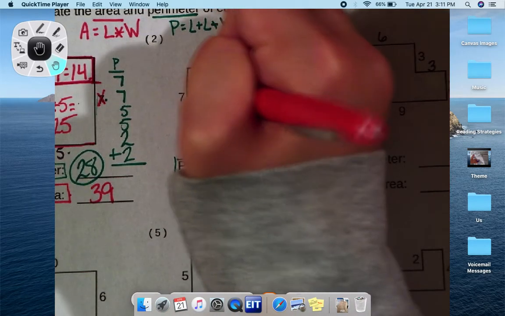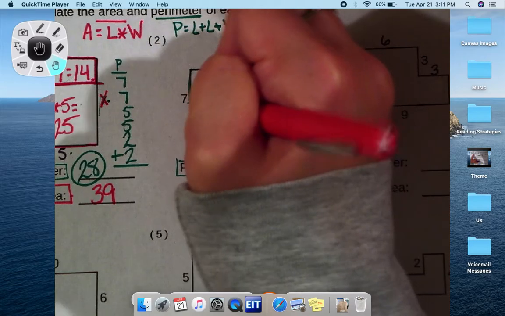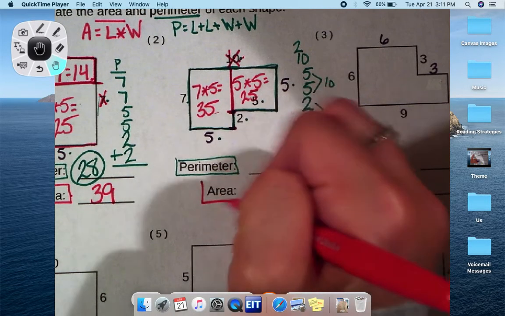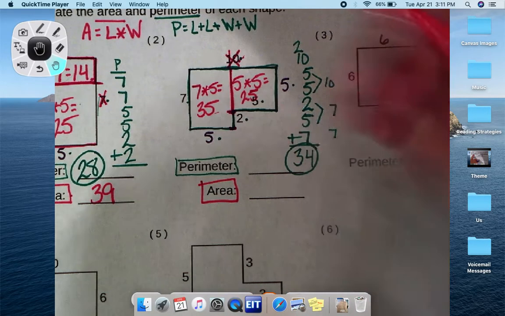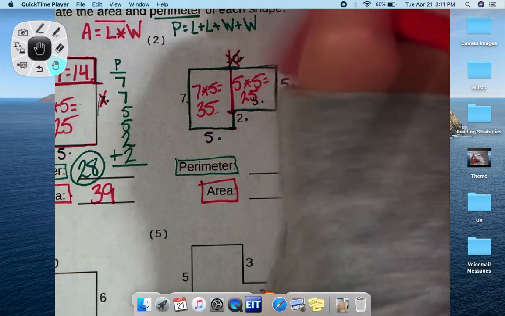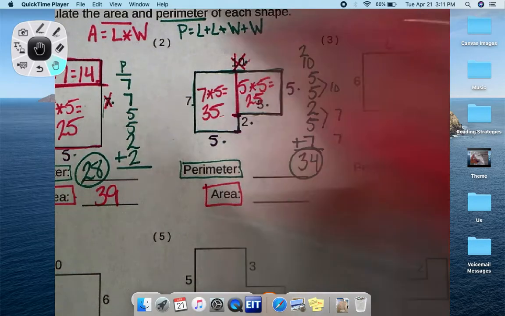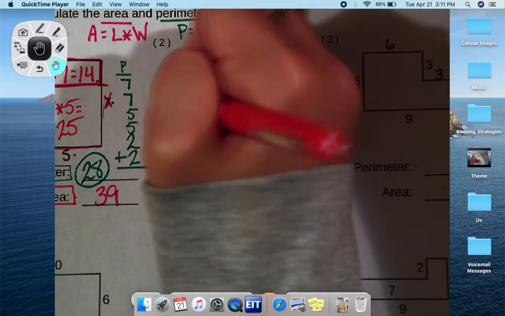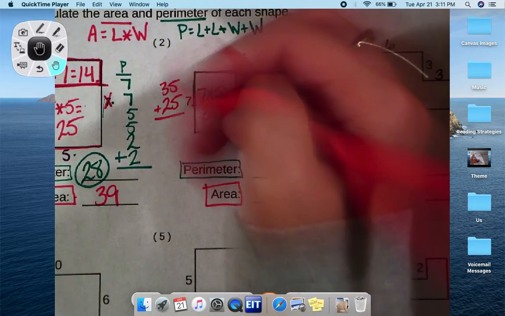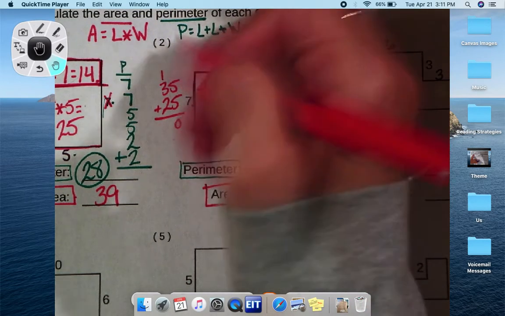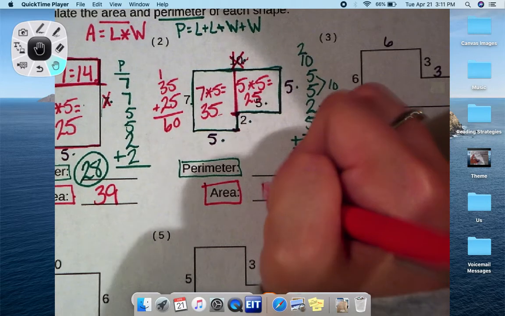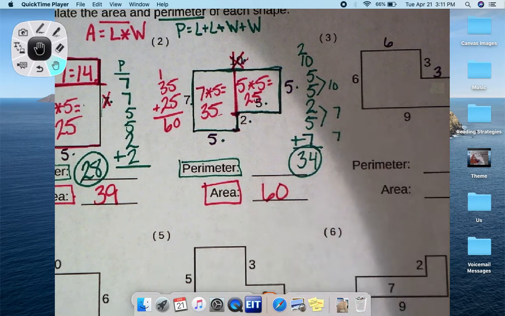So 7 times 5 gives me 35. To find the total area, I need to add those numbers together. So I'll do it over here. 35 plus 25. 5 plus 5 is 10. 3 plus 1 is 4, plus 2 is 6. So my total area is 60.